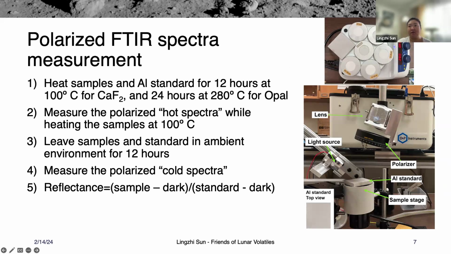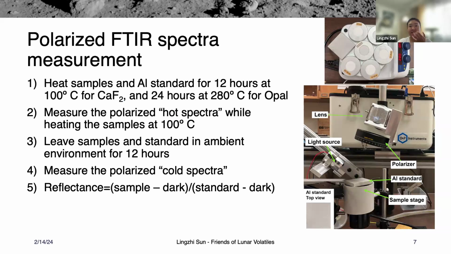And here is our scientific heating plate. So we just leave all the samples and the aluminum standard to heat there. For calcium fluoride, we heated them at 100 C for 12 hours, and for opal, we heated them at 280 C for 24 hours because it has more water involved.